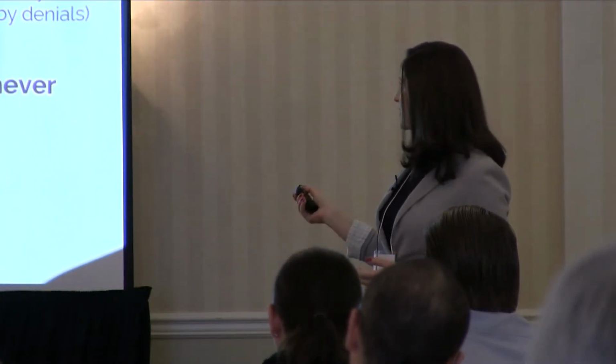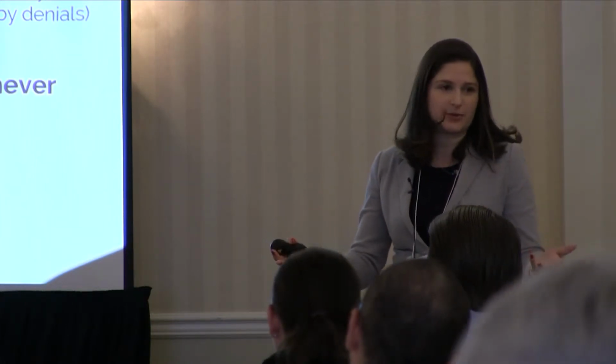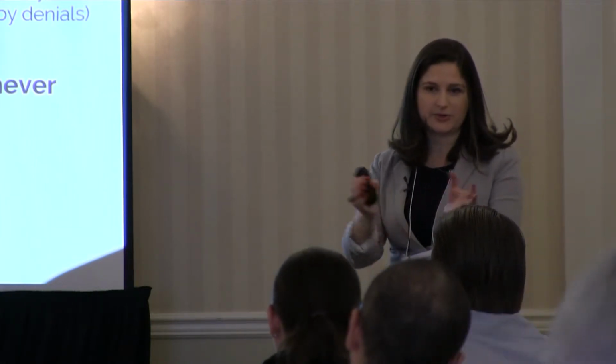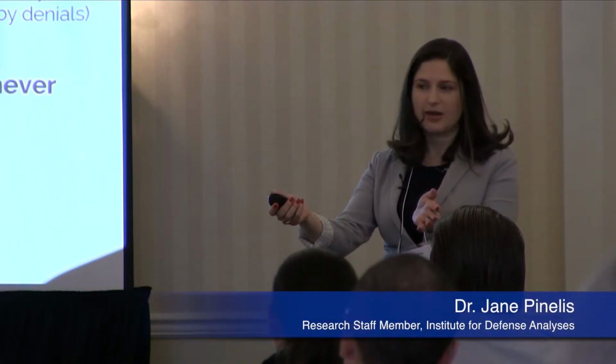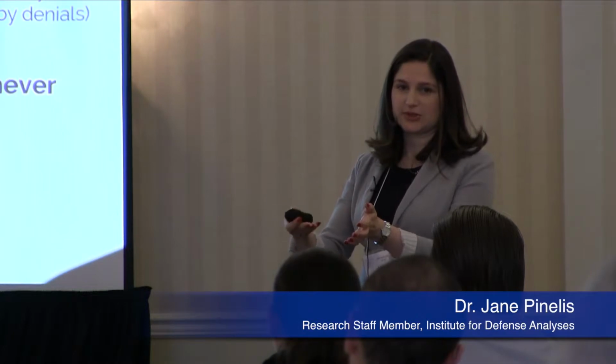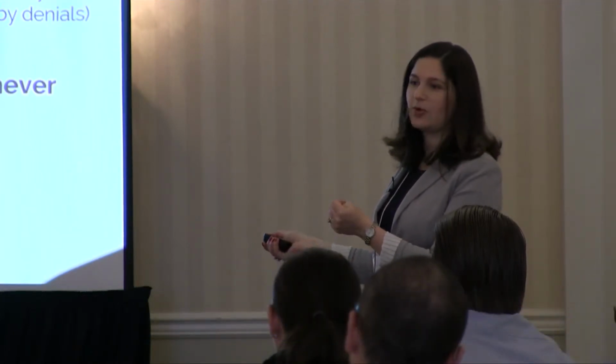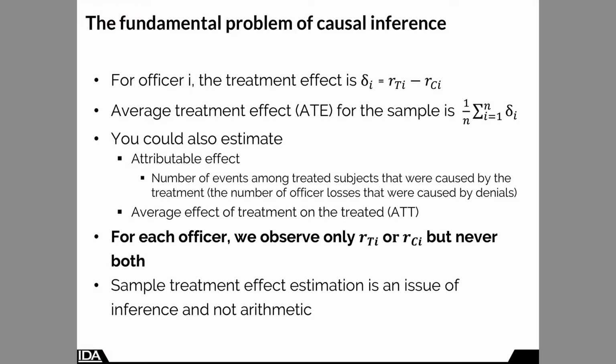So it makes no sense to estimate an average treatment effect or the effect of No Child Left Behind for all schools. It'll never be applied to them. It'll only be applied to schools that look a certain way. And so if you have a policy that will only be applied to subjects that look a certain way, you might consider what is the effect of that treatment only on those subjects and not on the entire population of subjects. But nevertheless, this is the most common thing that you might want to estimate.